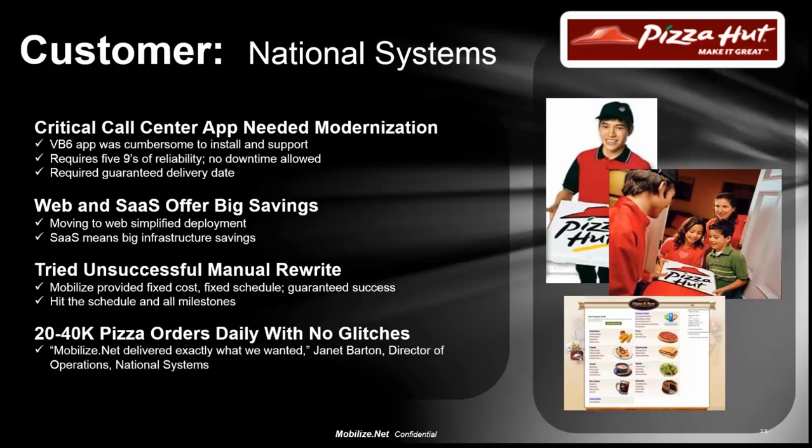So the company, Pizza Hut, uses software from National Systems, and they have thousands and thousands of these call center agents, many of whom work from home part-time, and had this VB app that required a lot of configuration issues, and it was running out of support, and it was very difficult to update by the IT department, because the people that are using it weren't really all that technically savvy. So what we did was gave them WebMap.